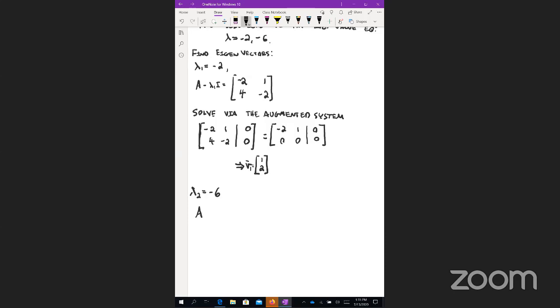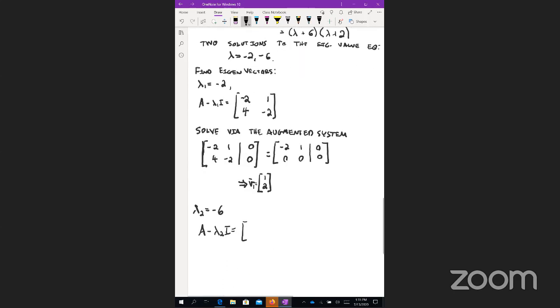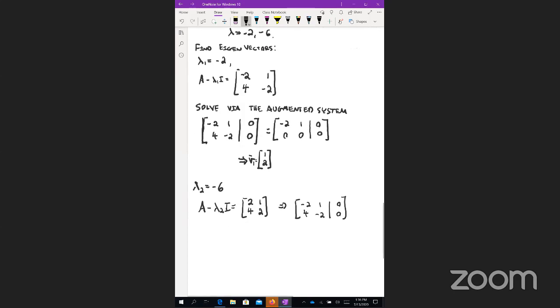So A minus lambda 2 I is going to be equal to [-4, 2; 1, 4, 2]... the augmented system with 0, 0. This is going to immediately give us 2, 1, 0, 0.